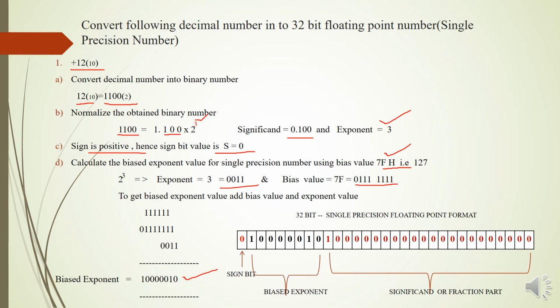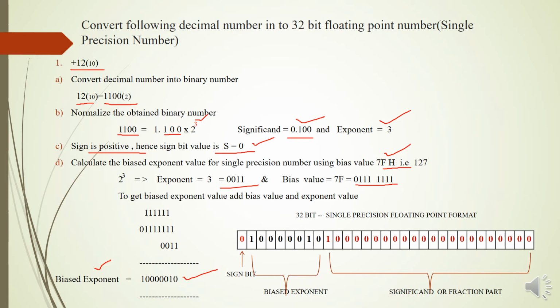Then accumulate all these three parts: the significand, the biased exponent and the sign bit, and put them into a 32-bit single precision floating point number from 0 to 31.